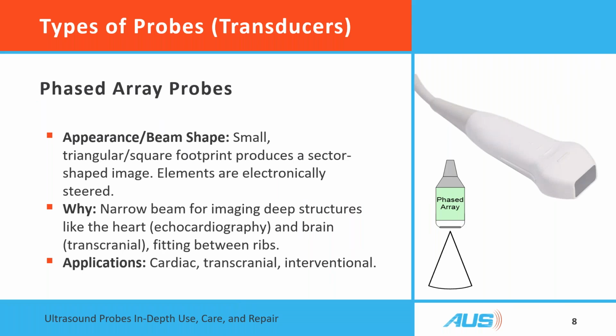They have a very narrow beam form, as you can see at the top, which gets a wider angle as it goes into the body. The reason we do this is for cardiac scanning, as an example, we have to scan between ribs, and ribs cause a real problem when we're trying to get past them for image. So we actually scan between them and go wider angle as we get more penetration.